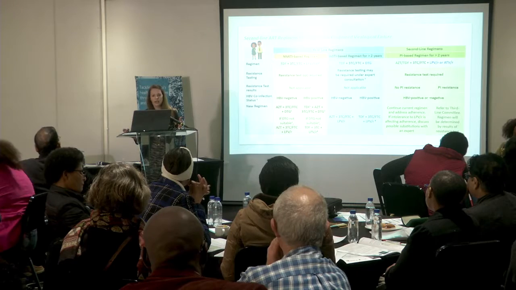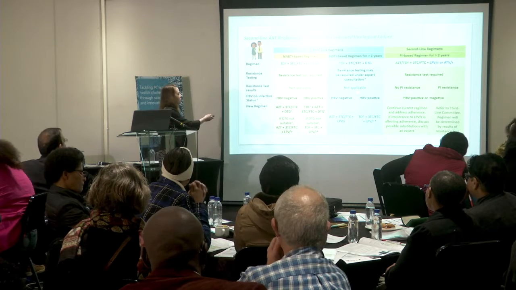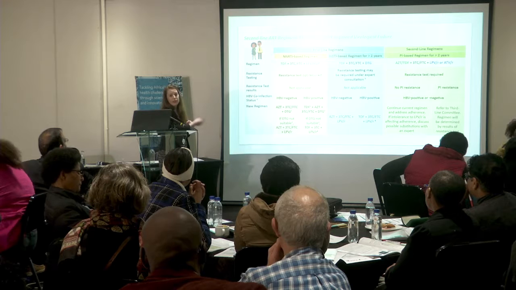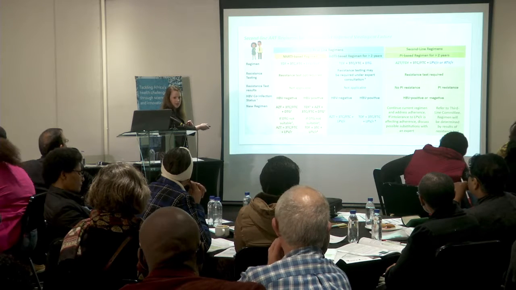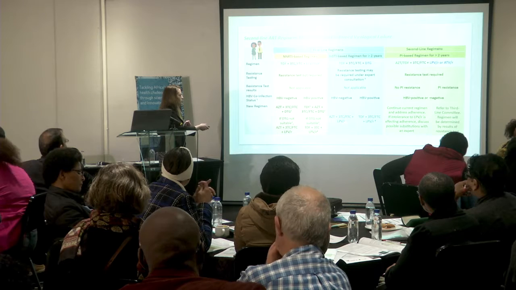Otherwise, if they fall under that criteria of 3 high viral loads over 2 years, then you will just change them directly according to this algorithm, where if they're hepatitis B negative, they'll get AZT, 3TC, lopinavir, ritonavir, which is a nice 2-drug switch.